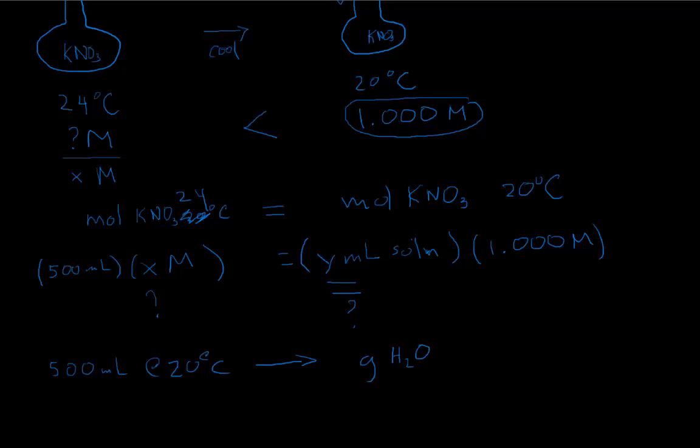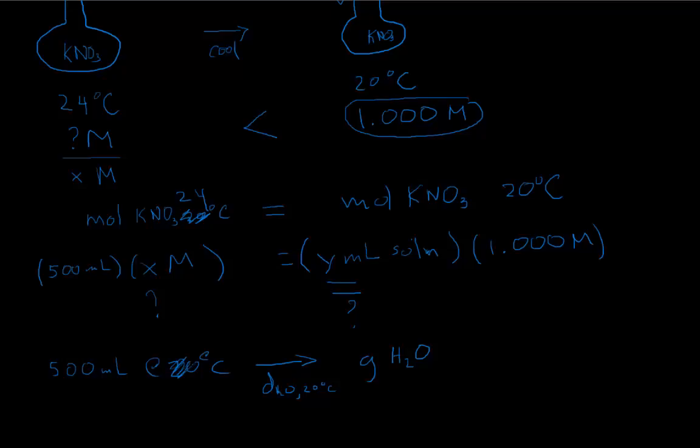It's true that we've got some potassium nitrate in here, but we're just going to assume that it's all water. So we want the grams of water. And to do this, we need to know the density of water at 20 degrees Celsius. And there's a table in your book that you can go and look up the density to a lot of decimal places of water at 20 degrees Celsius.